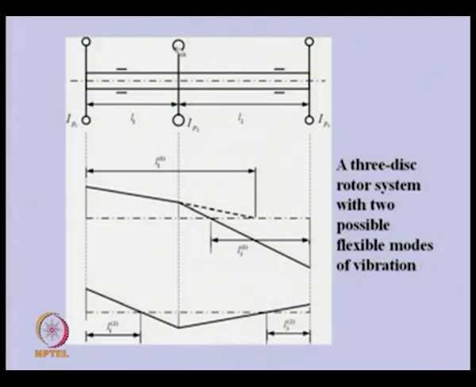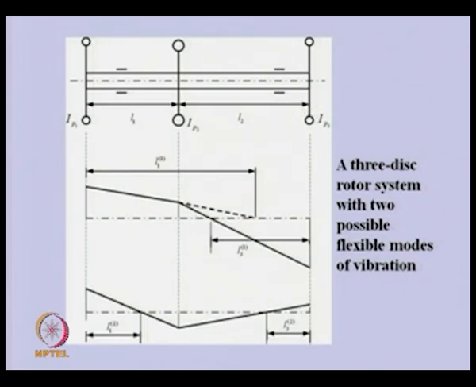displacement in synchronous with each other, but this particular disk is having displacement anti-synchronous with them. So, in one of the modes we expect that this and this disk will have the same direction of motion, let us say clockwise, and this one will have displacement in the other direction, anti-clockwise.